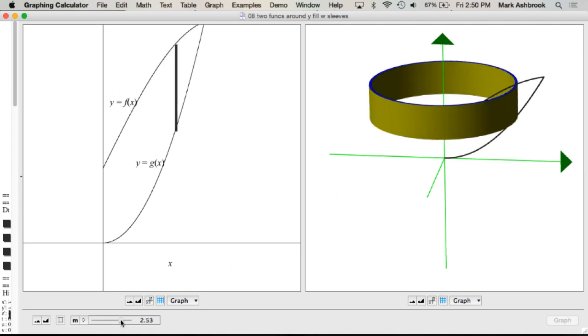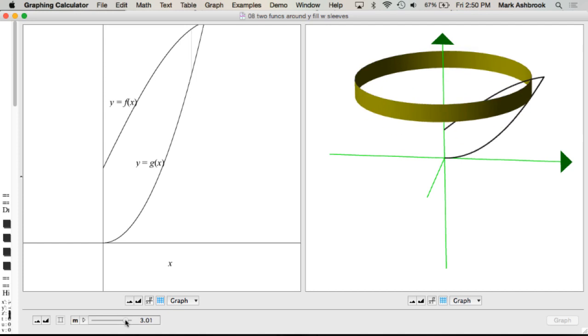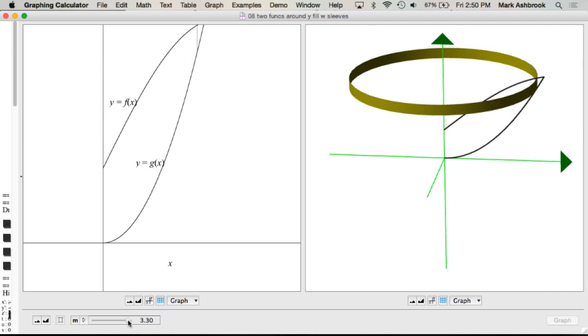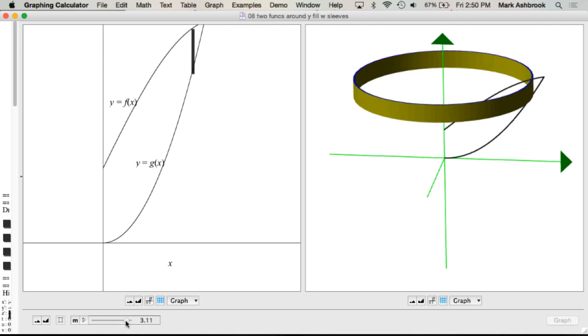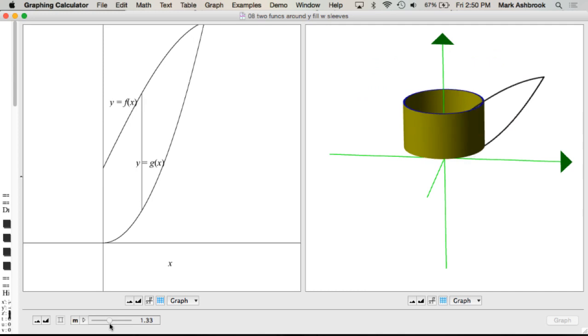As x increases, what's changing about these cylinders? Is the height changing? No. For the current value of x, the radius changes. The radius increases. Okay? And so what would the height of each cylinder be? How would you get the height of one cylinder? F of x minus g of x would be your height.